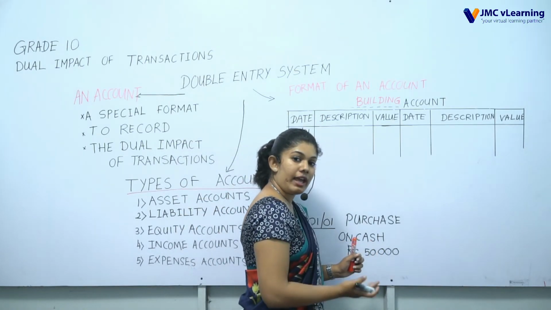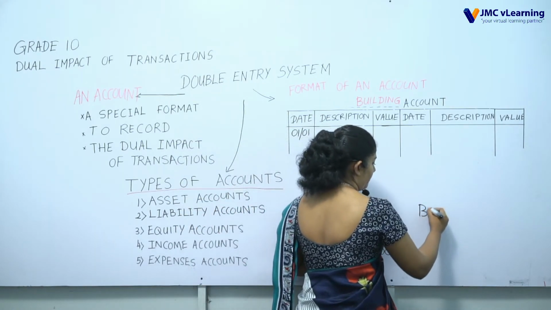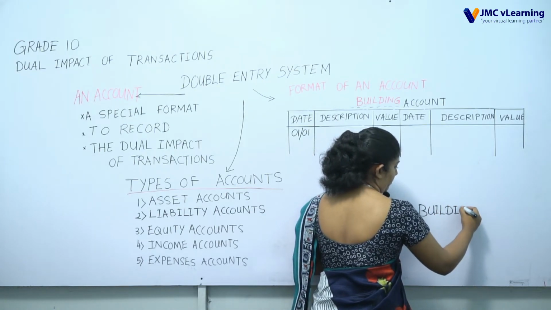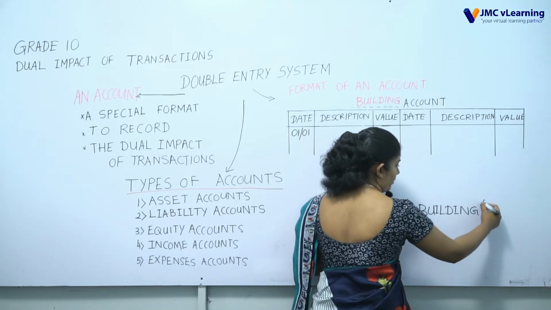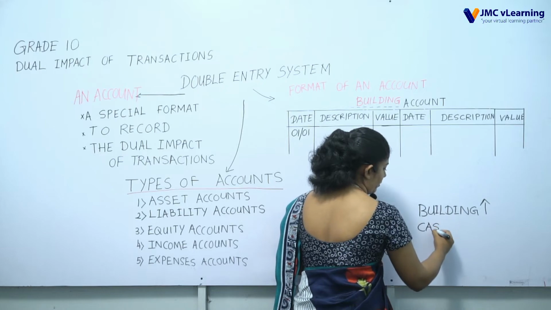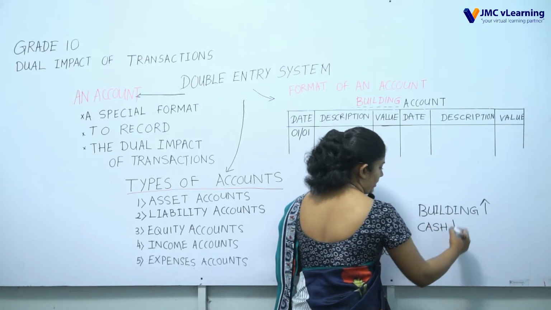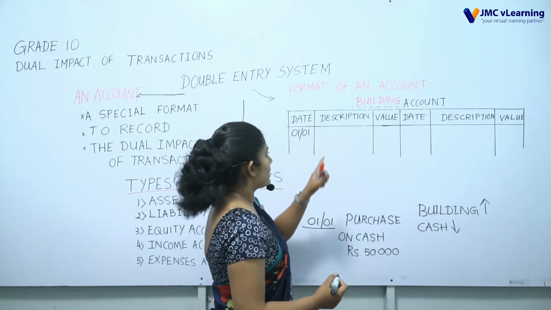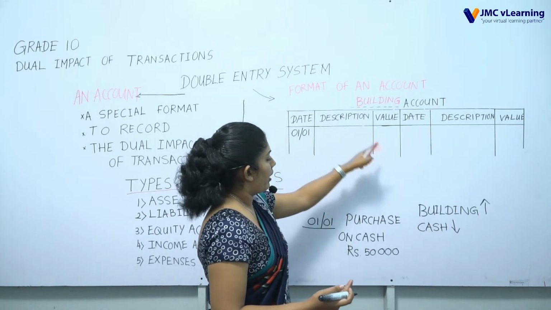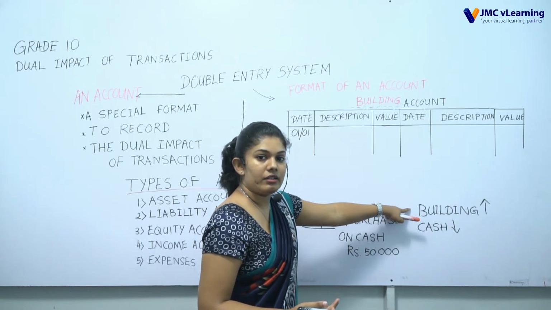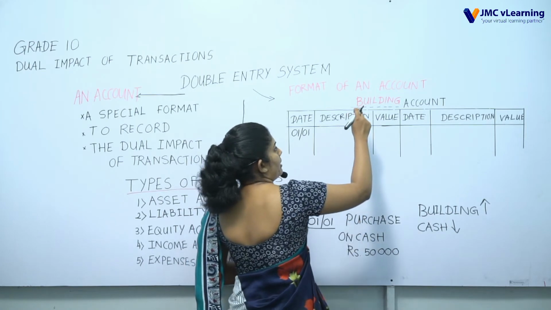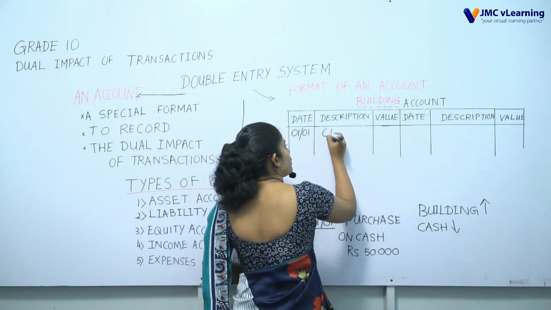Purchasing a building on cash, building increases, and simultaneously cash decreases. In the description column, we record the opposite entry of the recording entry, building. The opposite entry is cash. Therefore, we spent cash.